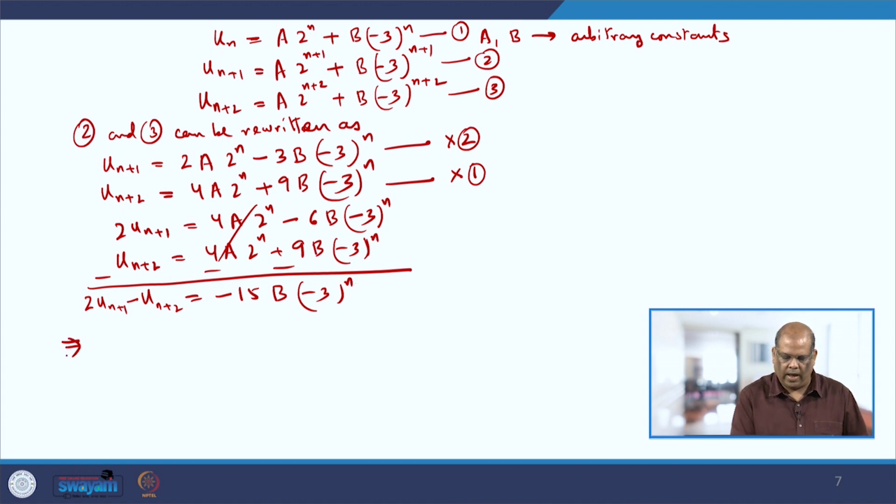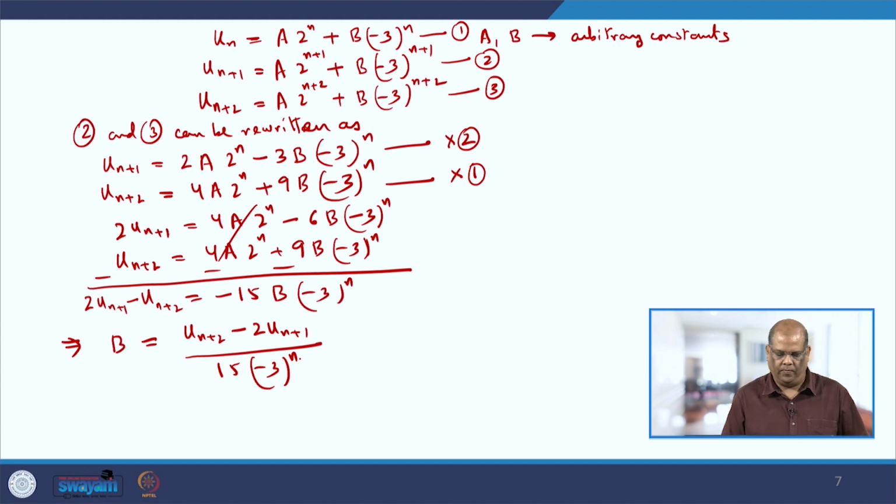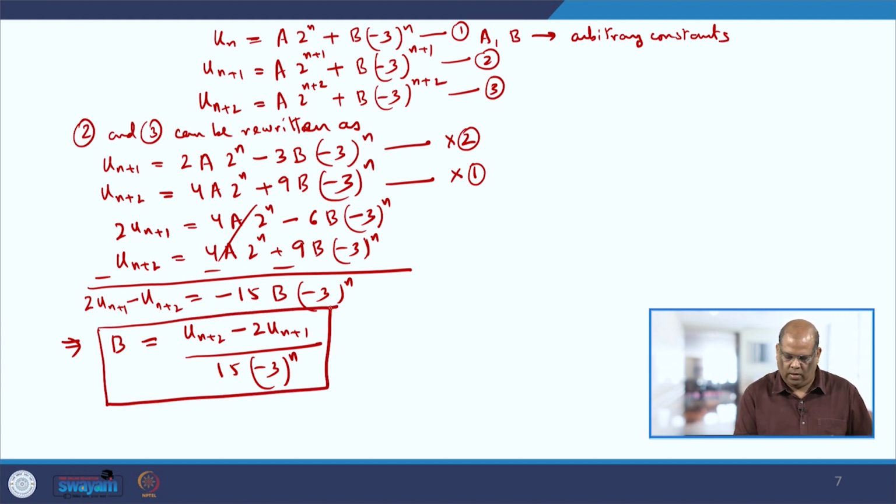So, this implies that b is equal to u n plus 2 minus 2u n plus 1, divided by 15 into minus 3 to the power n. So, this is the value of b. Now, you can substitute the value of b here and calculate the value of a, and if you do that, you will get this equation.